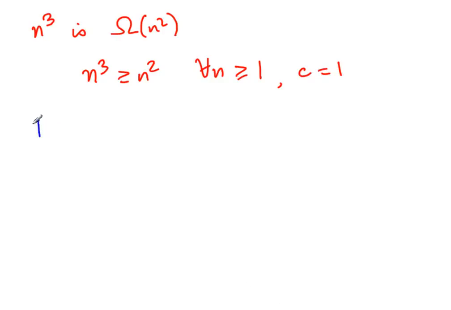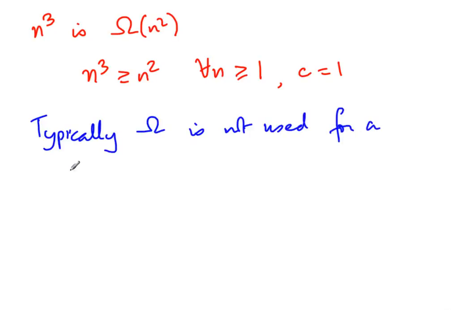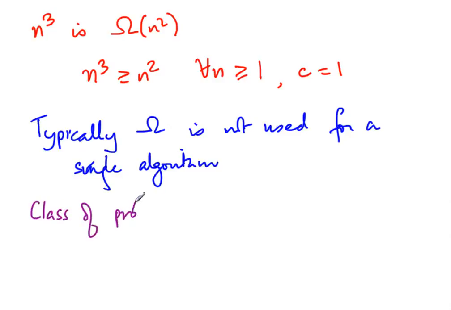So now this is actually not very common in terms of individual functions. Typically this omega notation is not used for a single algorithm or a single function f of n. So usually we will use it for a class of problems. Okay, so we'll say that there is no algorithm. So a lower bound is something that says there is no faster algorithm.